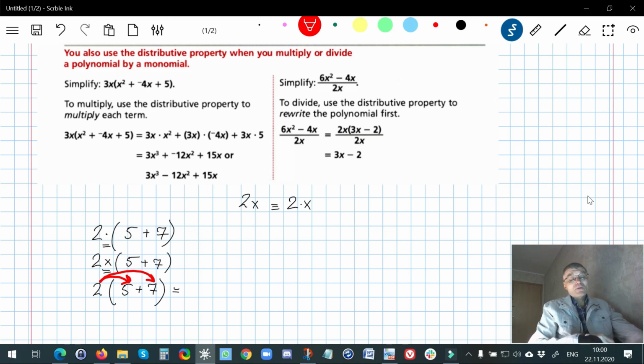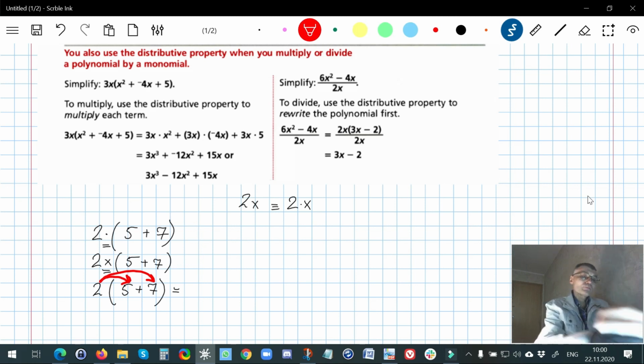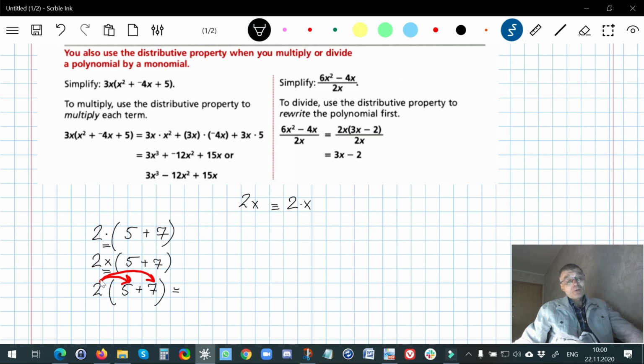In case there are more expressions inside parentheses, you multiply the coefficient. We can call here factor 2 a coefficient. We multiply it by everything inside parentheses.